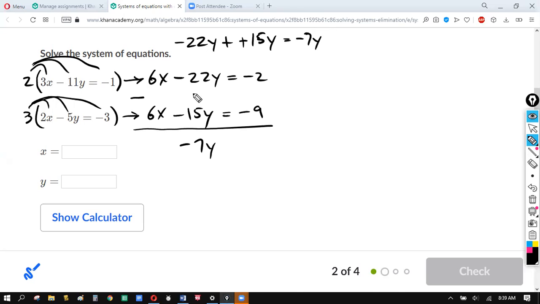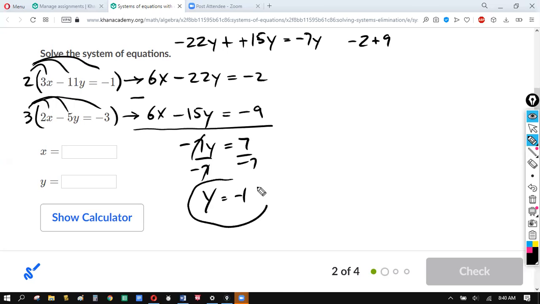And we have negative 2 minus negative 9. That's the same as negative 2 plus 9 because the 2 negatives make it positive. So negative 2 plus 9 is 7. And dividing both sides by negative 7, y is going to be negative 1.